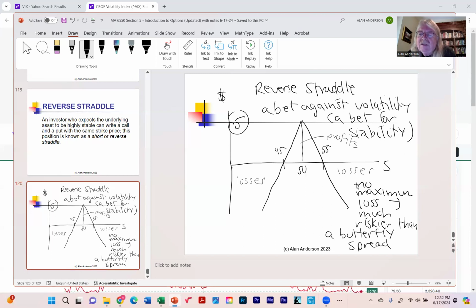We're really in trouble. Or down to 0. So this is horribly risky. Because remember, we said before, selling a single call or put is very risky. Imagine what selling two of them is like. You're really getting into some deep waters here. But if you think you know what you're doing, there you go.